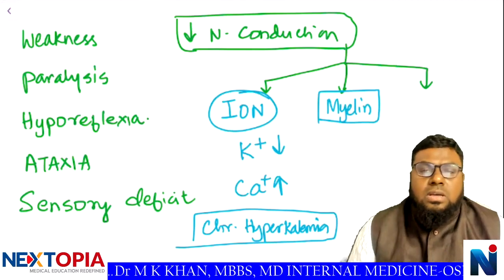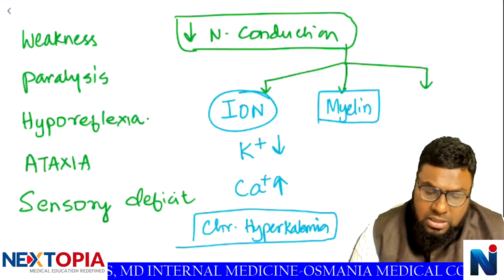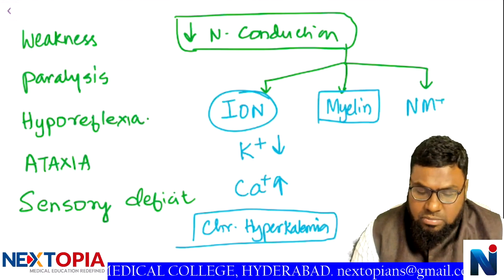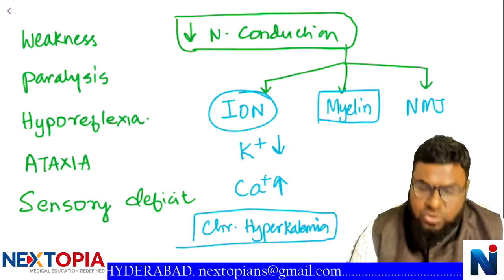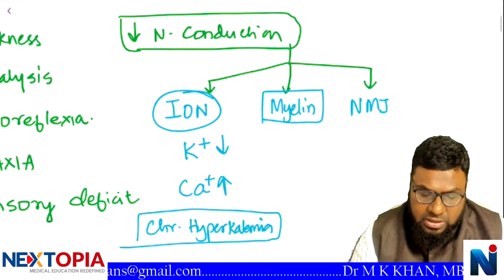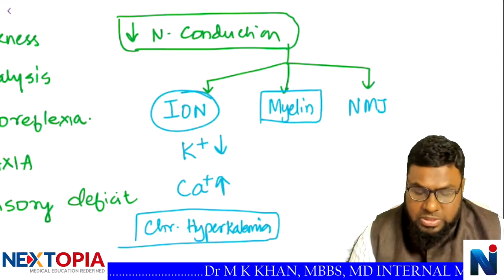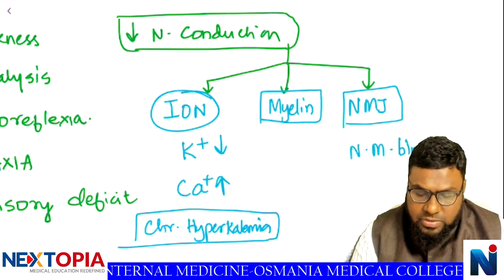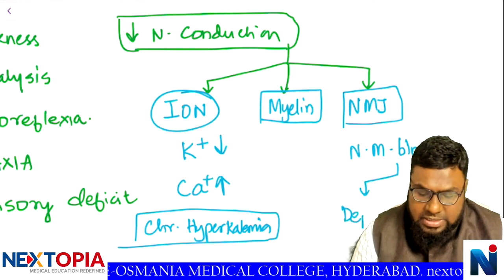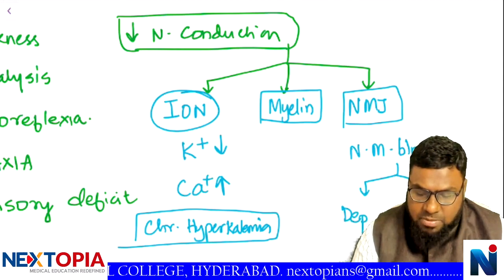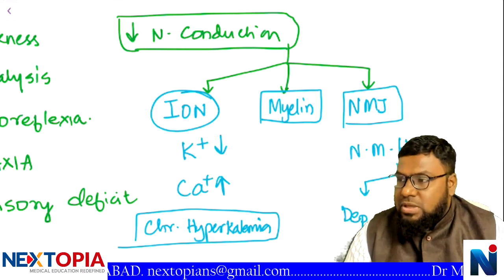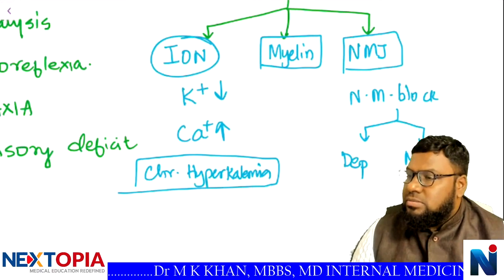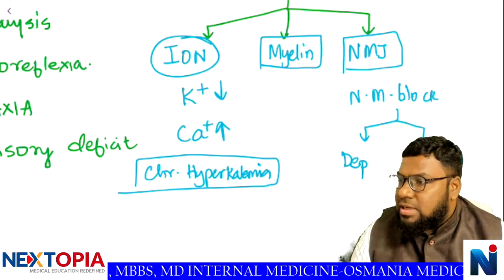All right. Next, certain problems at the neuromuscular junction. For example, the patient is using certain drugs we call neuromuscular blockers. They can be depolarizing blockers and non-depolarizing blockers. I'll discuss this in pharmacology again.